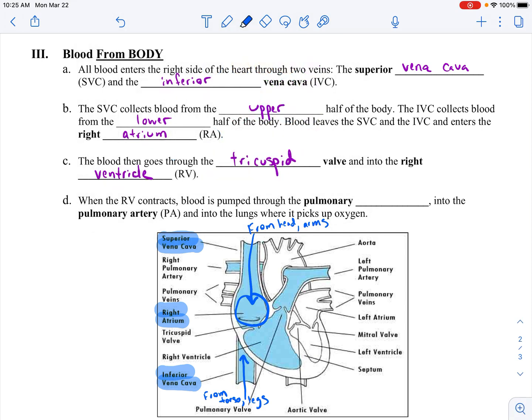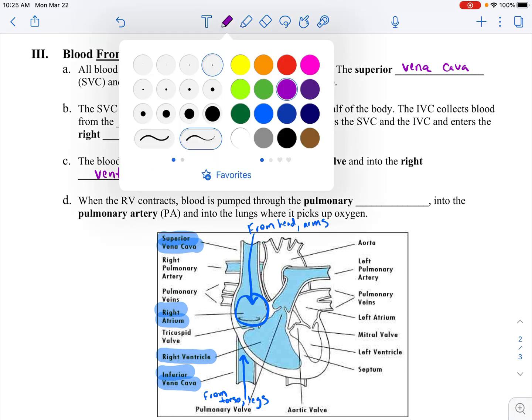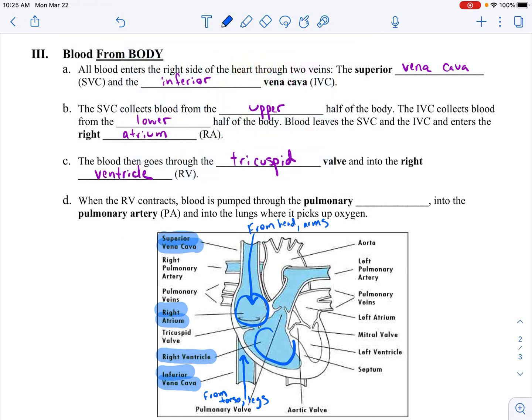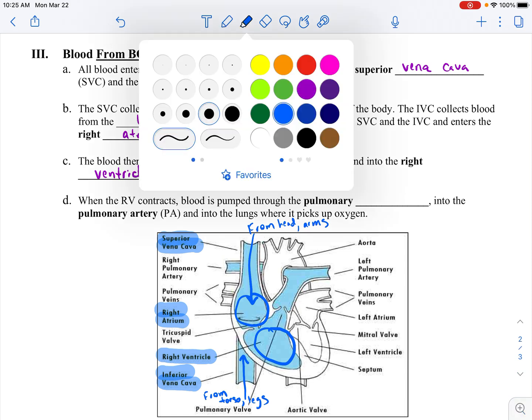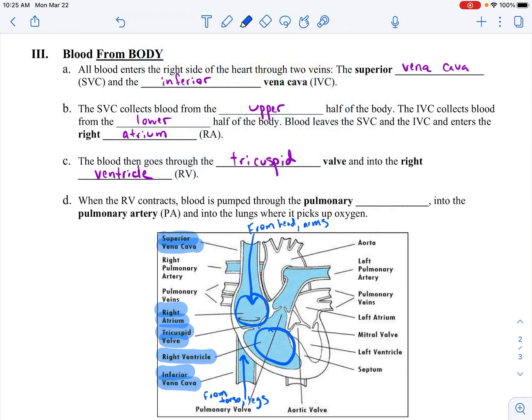The right ventricle is here. And here is that valve I was telling you about, the tricuspid valve. So the blood would go from the right atrium through the tricuspid valve and then be in the right ventricle.